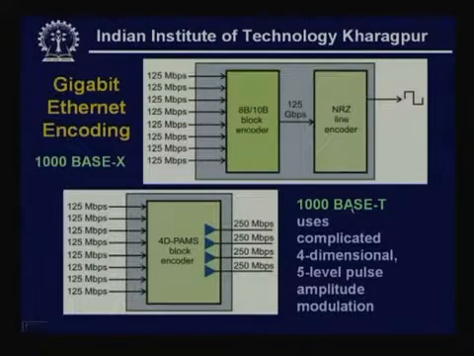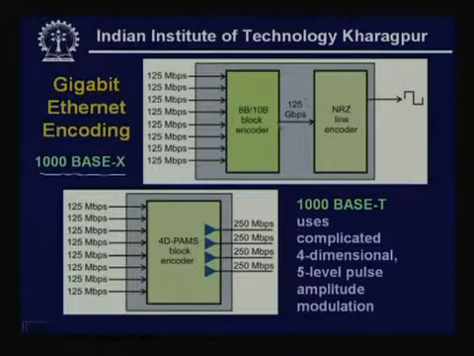Now, let us look at the encoding techniques that are used in gigabit Ethernet. You can see here this 1000 base X, which, as I was telling, uses two-wire networking, either copper or optical fiber. It receives 8 bits from the reconciliation layer, then it performs 8 bit to 10 bit block encoding, so that synchronization is possible.